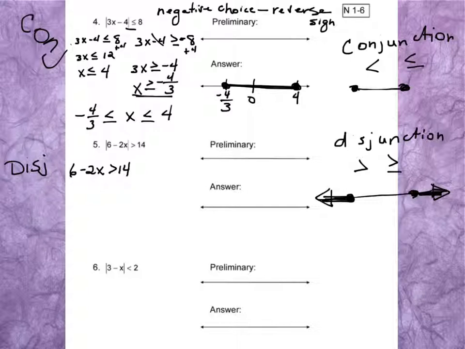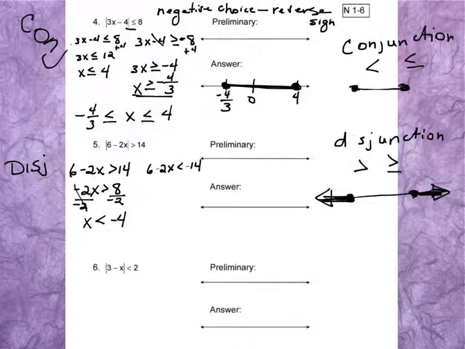And then the other choice will be 6 minus 2x is less than negative 14. We're going to subtract 6 from both sides, which will leave us with negative 2x is greater than 8. When I divide by a negative 2, though, because that's a negative, I have to flip the sign, so I have x is less than negative 4.